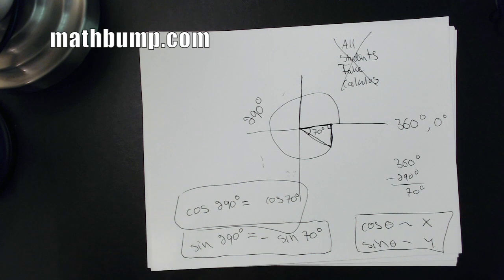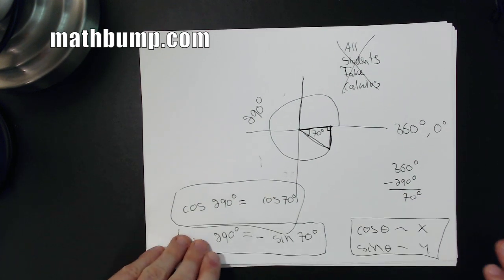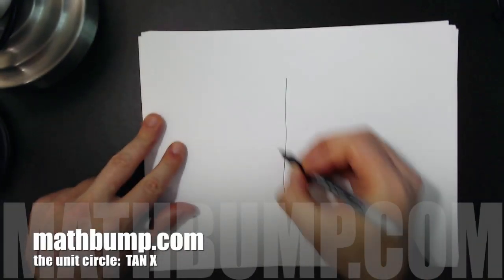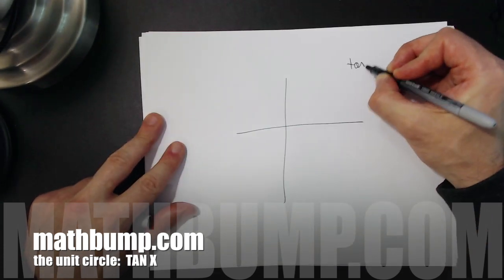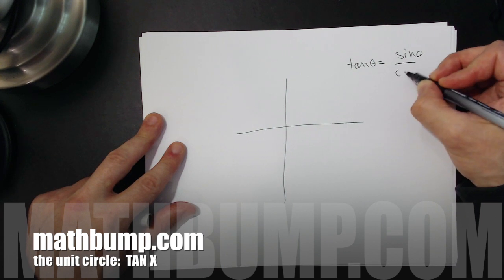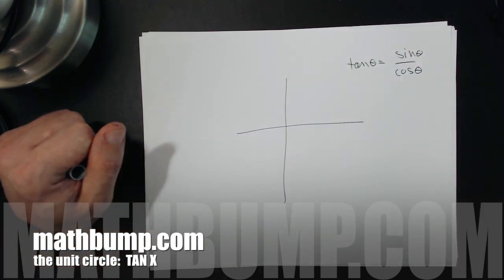Of course, there's tan. Once you've understood this, tan is really also just very simple, one tiny step further. You just have to remember that one of the ways to write tan is sine divided by cosine. Hopefully you know that. If not, you can look at the other video that explains that.